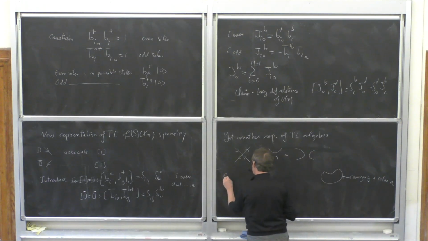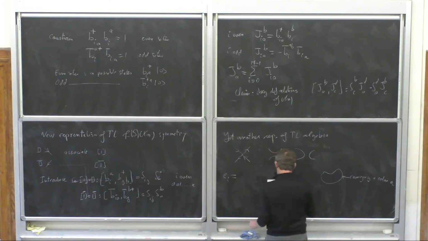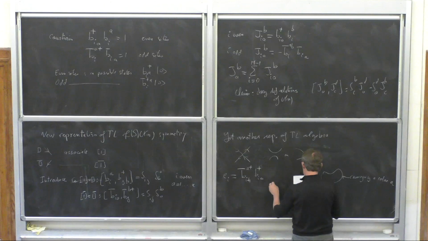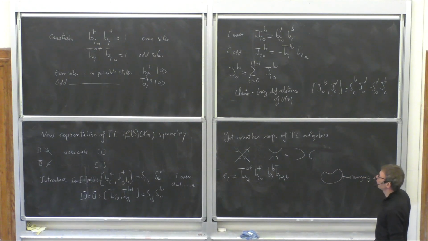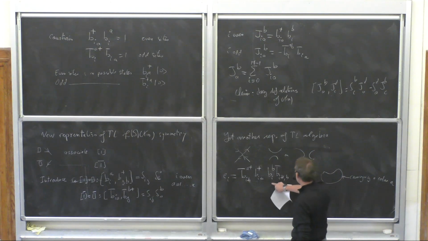In other words, I can write E_i as b bar i+1 A dagger b i A dagger b i B b i+1 B bar. So this corresponds to i even.